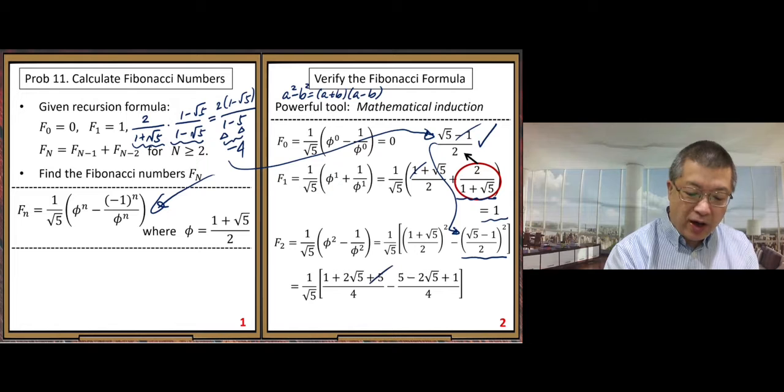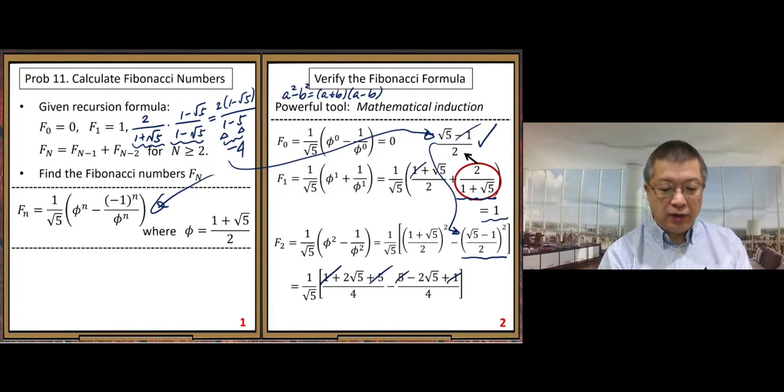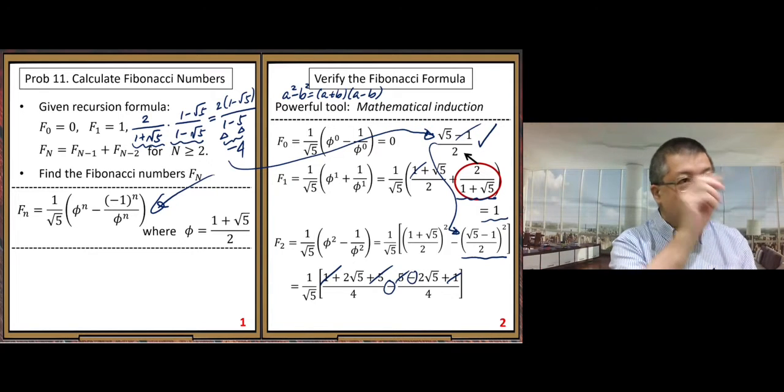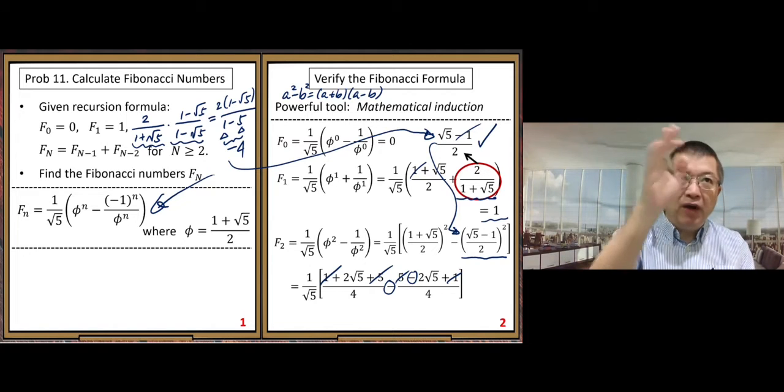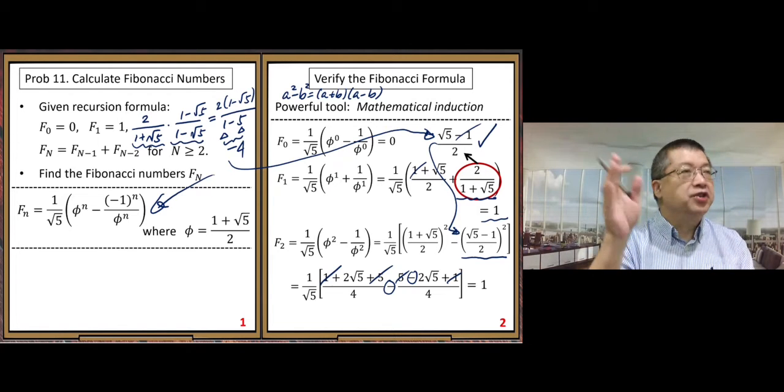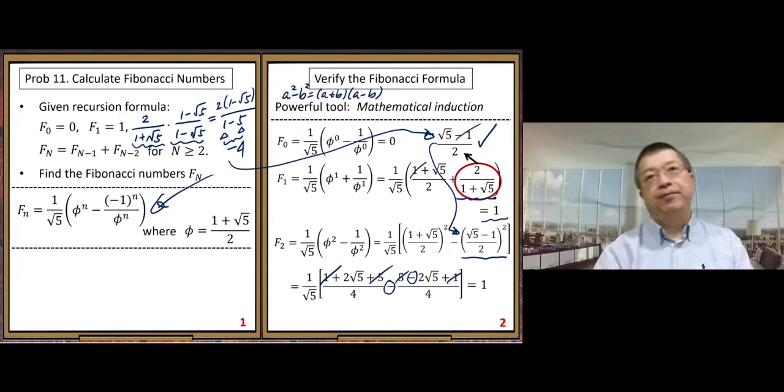Then 5 cancel out, 1 cancel out, 2 root 5, minus negative, minus plus, right? So we get 4 root 5. 4 cancel out. Root 5 cancel out. Answer is still 1.